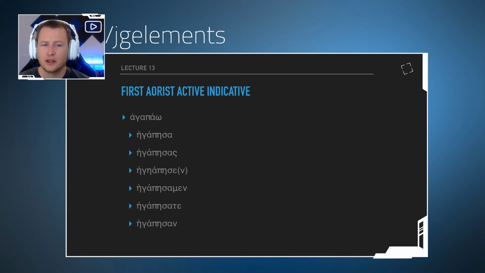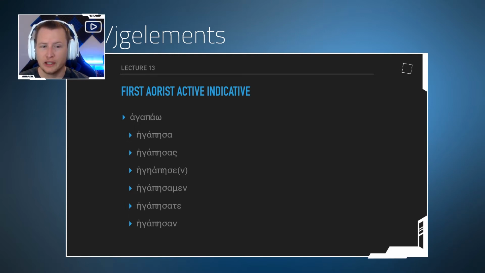Here's a first aorist active indicative alpha contract, agapao. Remember, the present active indicative of agapao is actually agapo. Well, in the aorist, you're going to have the augment at the beginning where the alpha becomes an eta. That's the augment. Then you see the alpha contract, the vowel at the end of the stem, because it uses the present tense stem.